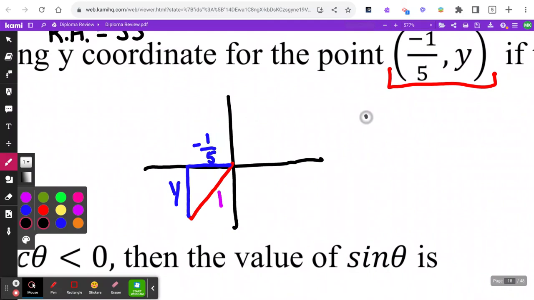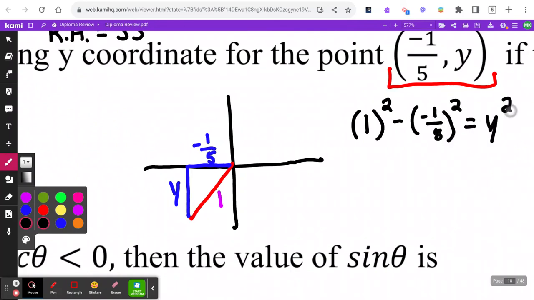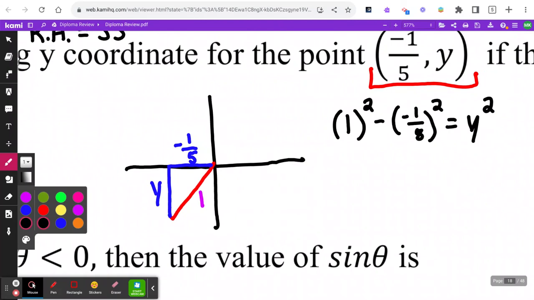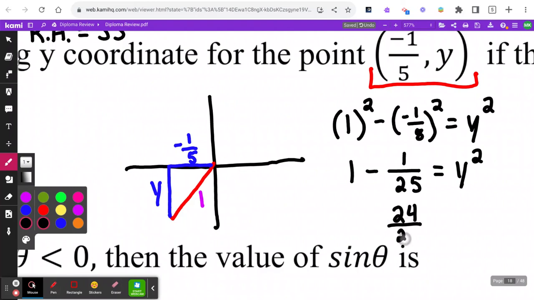So this is going to be 1 squared minus -1/5 squared equals y squared. Put that in your calculator. That's 1 minus 1/25 equals y squared. 1 minus 1/25 is 24/25 equals y squared.